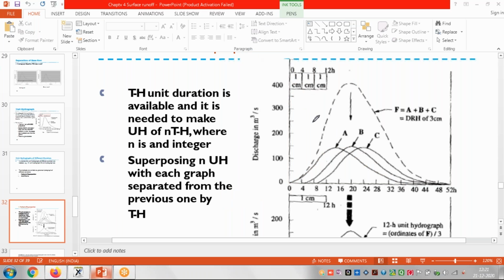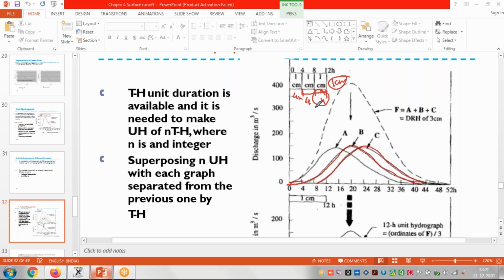Now after 4 hour, this is 4 hour, this is 4 hour, and again this is 4 hour, and rainfall is occurring only 1 centimeter depth. So again they started by leaving these 4 hours and prepared one more hydrograph, this one. Then again after 4 hour they generated this hydrograph.